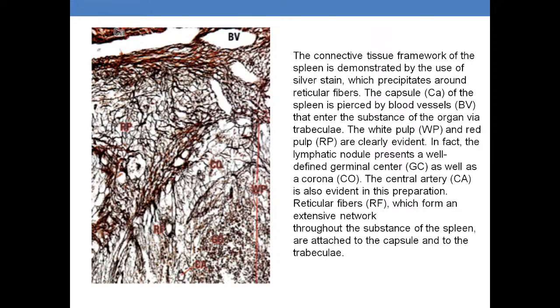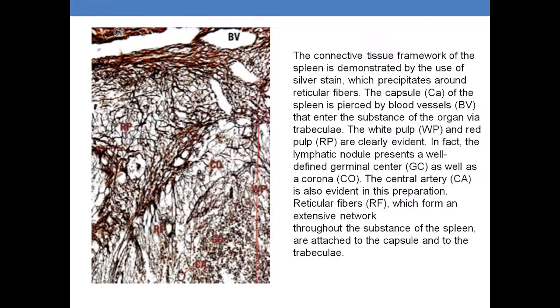The connective tissue framework of the spleen is demonstrated by the use of silver stain with precipitate-surrounded reticular fibers. The capsule of the spleen is pierced by blood vessels that enter the substance of the organ via trabeculae. The white pulp and red pulp are clearly evident.